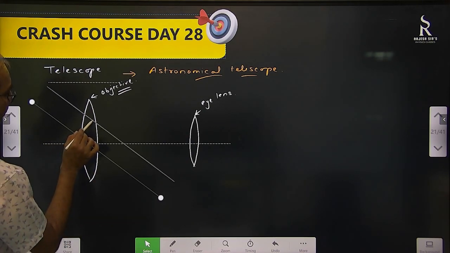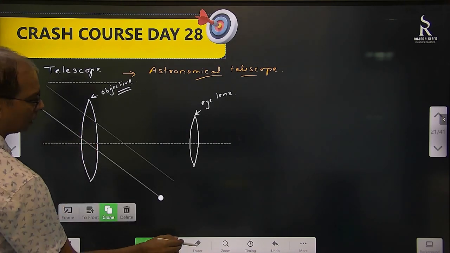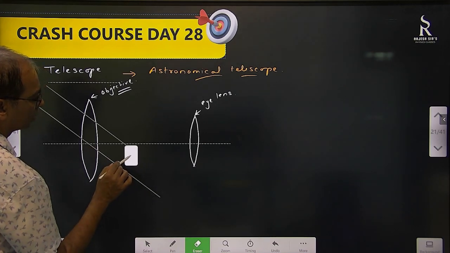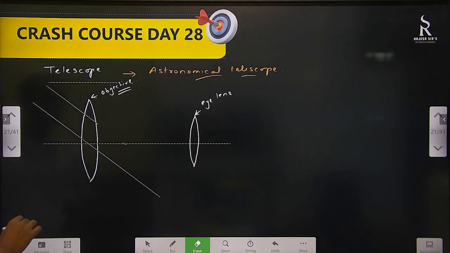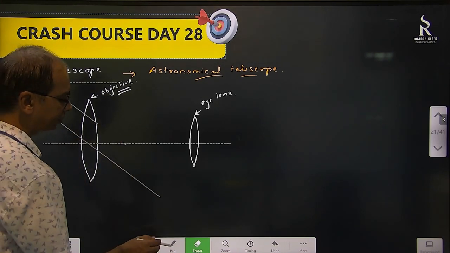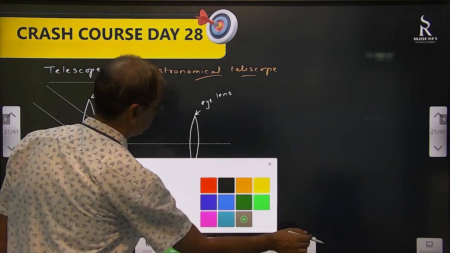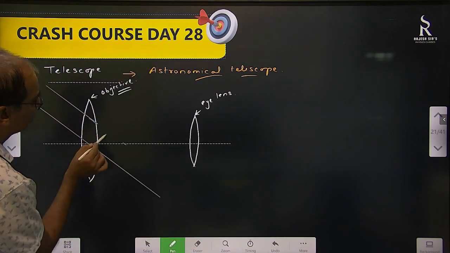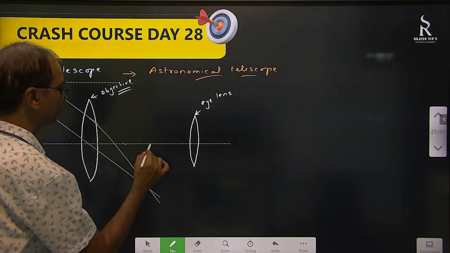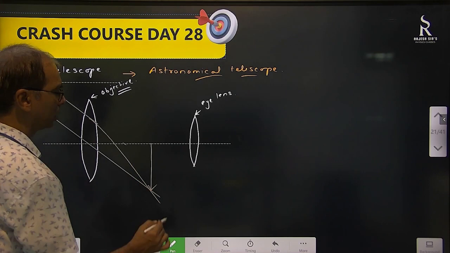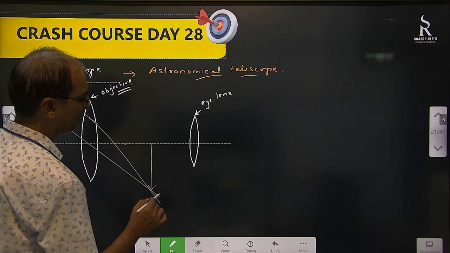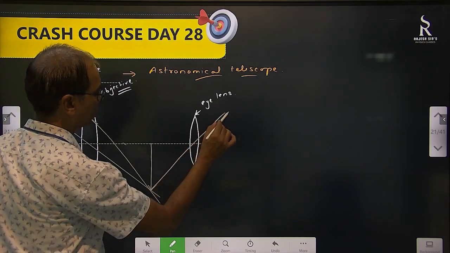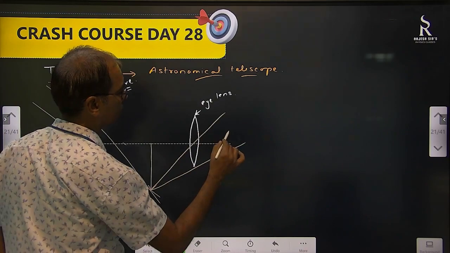Parallelly incident, this will not be the same obviously. So now what will happen? This will be converged. Let's say it's getting converged over here. This is the image we are getting. From here it will go to the eye. The eye is here at the back, so we can take it like this.